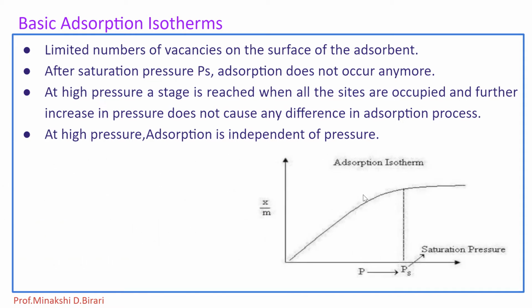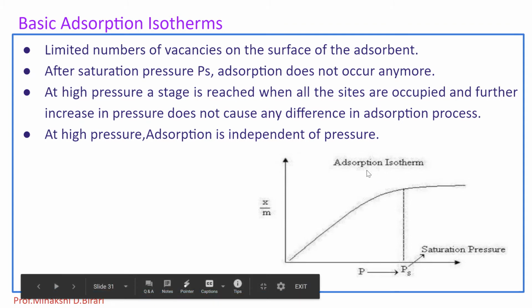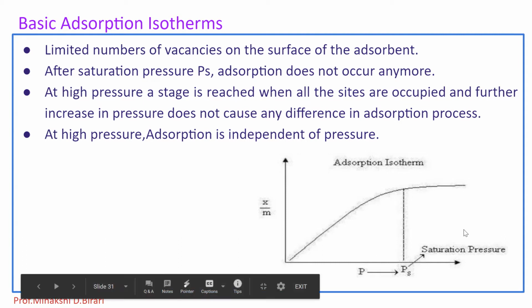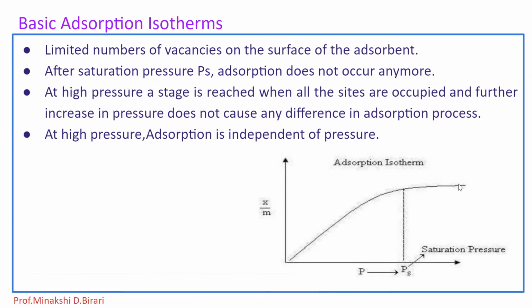So when we observe this type of curve, there are limited numbers of vacancies on the surface of the adsorbent, and after the saturation pressure, that is PS, adsorption does not occur anymore. It is independent of pressure.